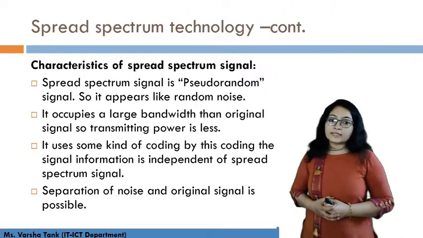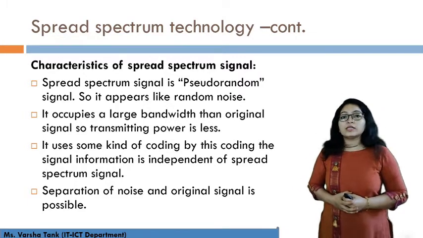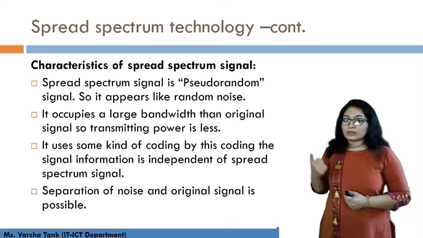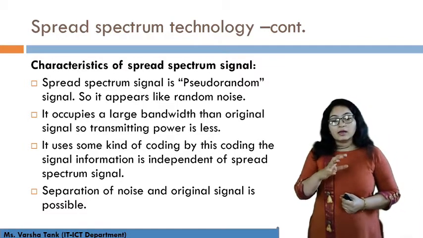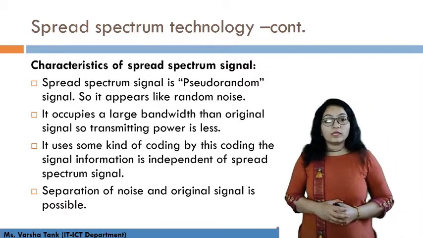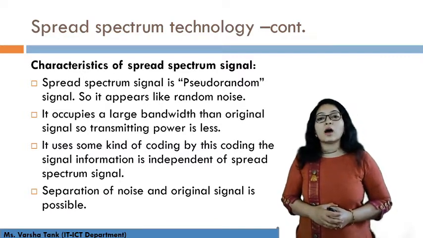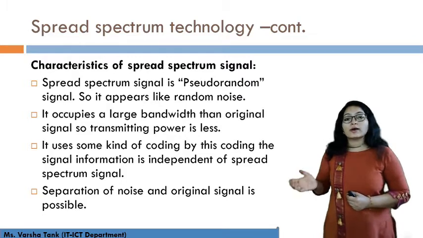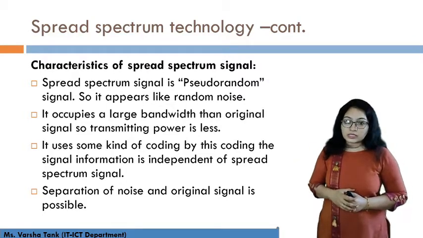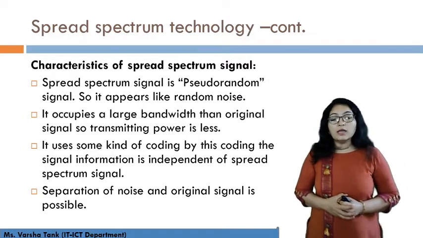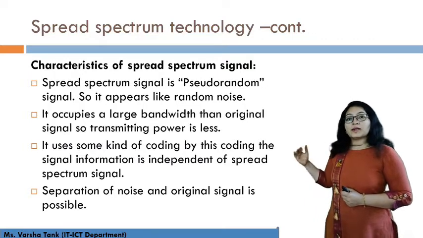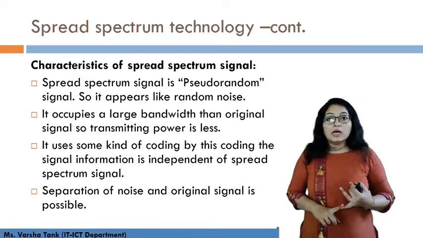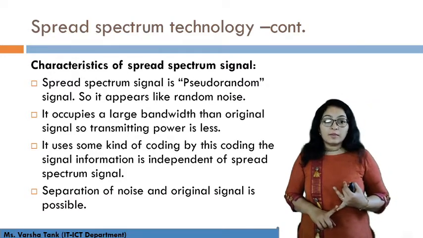Now next are the characteristics of the spread spectrum signal. As we discussed in the last slide, the disadvantages of a communication system without spread spectrum technology we will also consider as advantages of spread spectrum technology. First, a spread spectrum signal is a pseudo-random signal, so it appears like random noise.